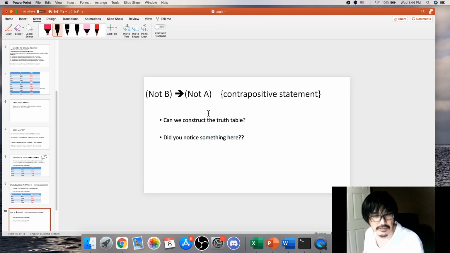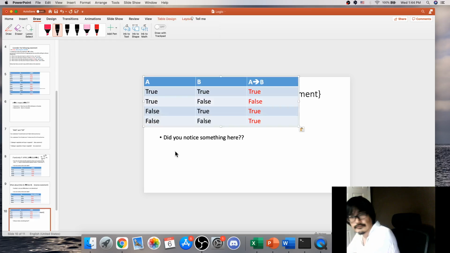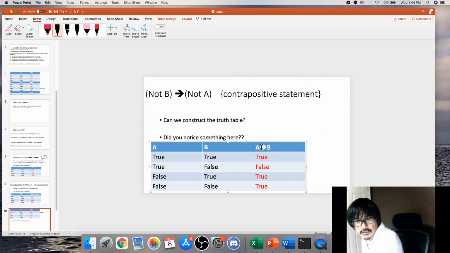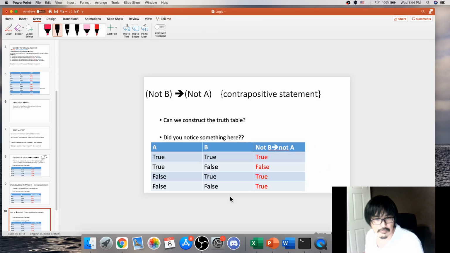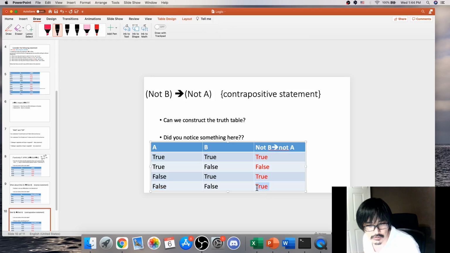What about this one? Not B implies not A. So not B implies not A. This one is true. And then not B implies not A, but it's true, so this one is false.